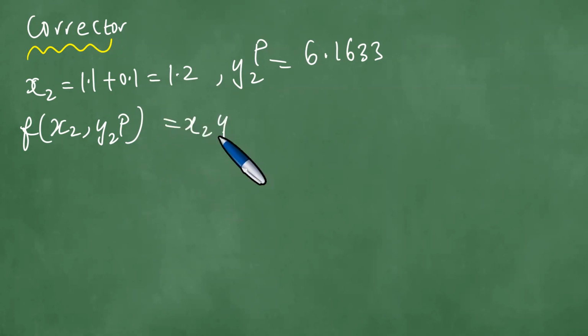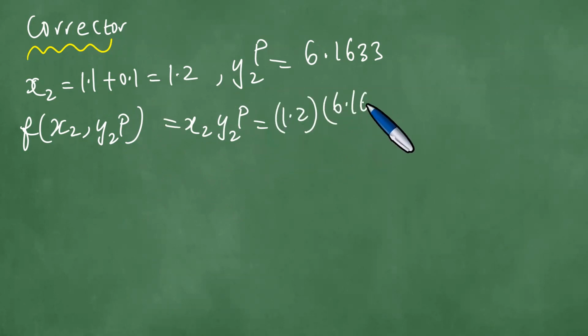So you have x2 times y2p. x2 is 1.2, y2p is 6.1633. What is the answer?